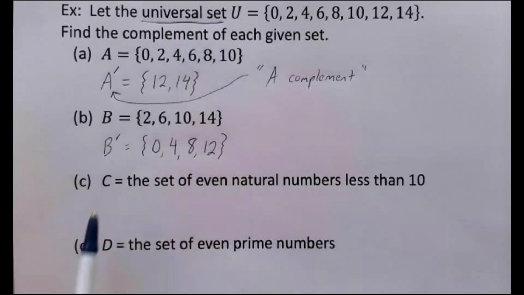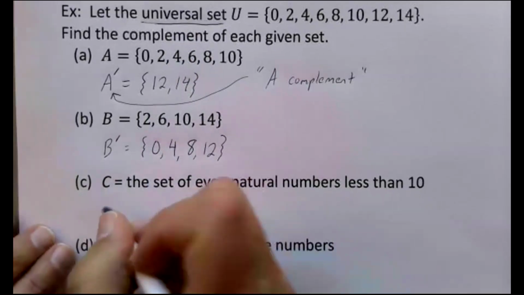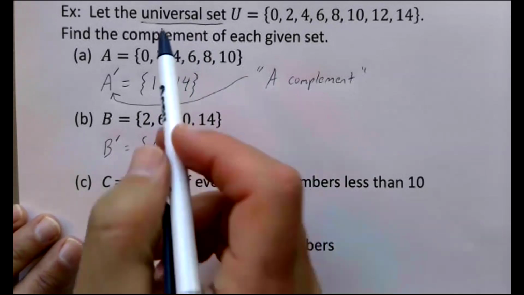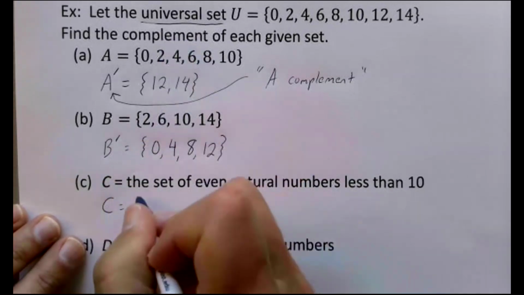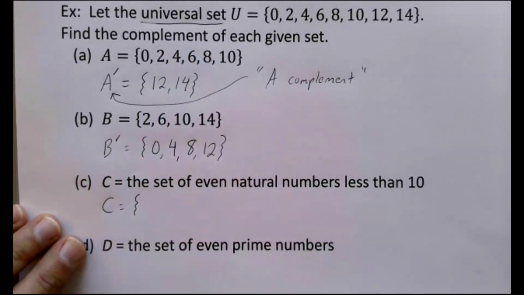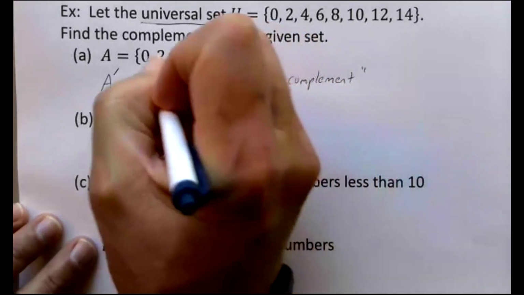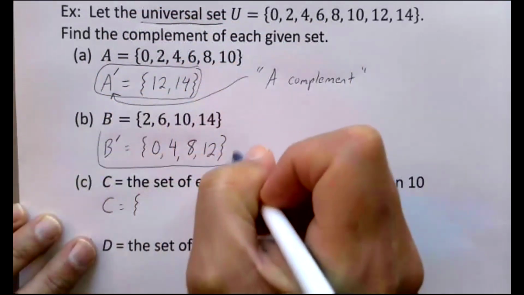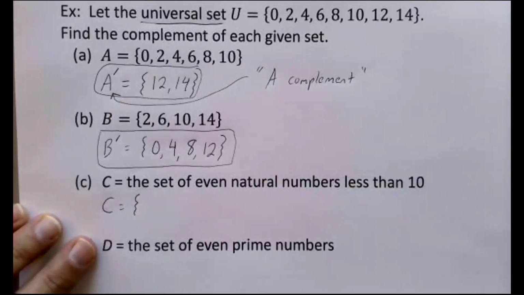We're supposed to find the complement of set C. I think in a case like these last couple, it's a better idea to first figure out what set C looks like, and then we can start talking about the complement.